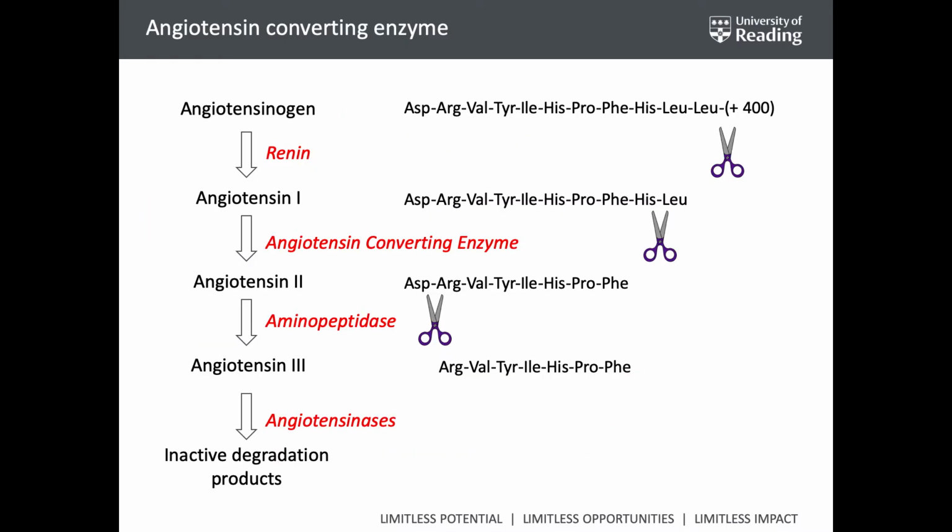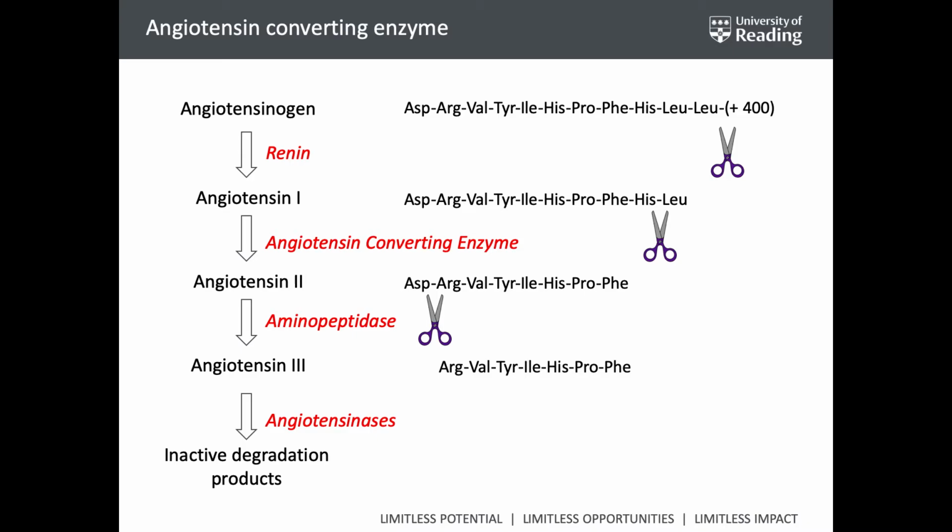So this is a summary of the enzymatic events that occur during this process. You have angiotensinogen released by the liver. This is processed by renin into angiotensin 1. And what you can see here is the amino acid sequence of that peptide. You have a sequence here with a much larger protein sequence towards the C-terminus.